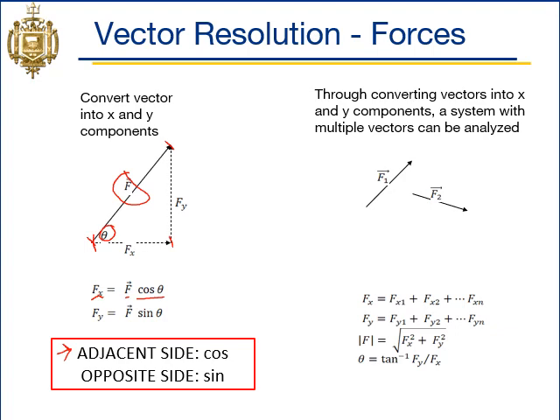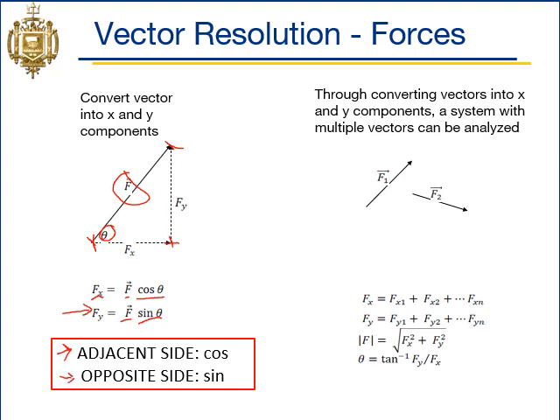Similarly, we can also find the y component of our f vector, and that's just going to be this equation right here: the y component is equal to the magnitude of the f vector times the sine of angle theta, because that goes along with the opposite side.